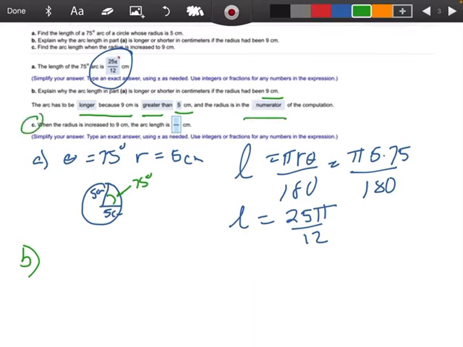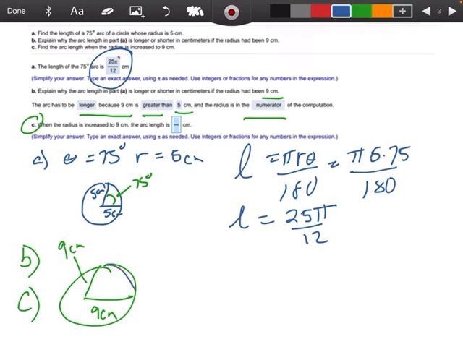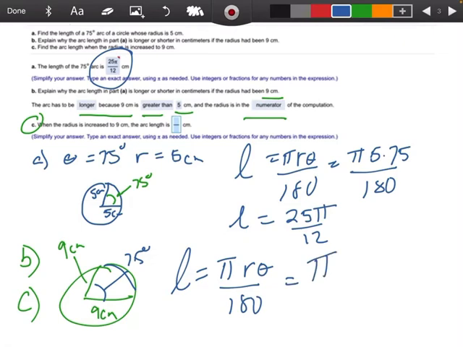Now for part C. Part C says, suppose we had a new circle where the radius was now 9 centimeters, and the angle was still 75 degrees. If we wanted to find the length, we use the same formula, and the only thing different is that instead of a 5, we have a 9.